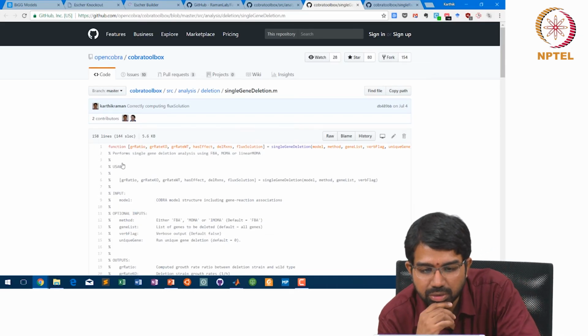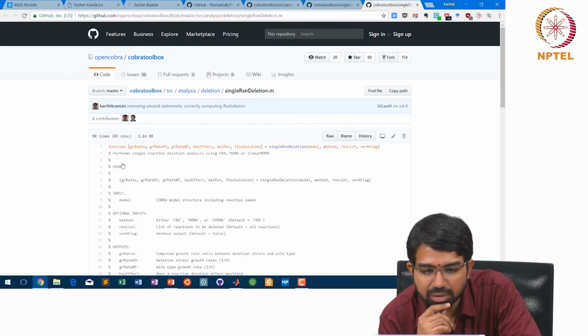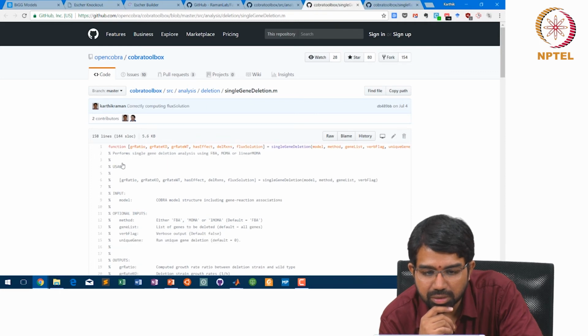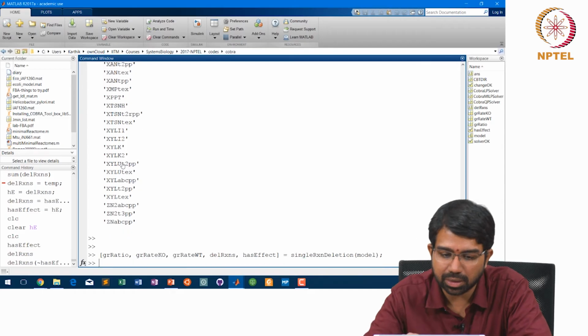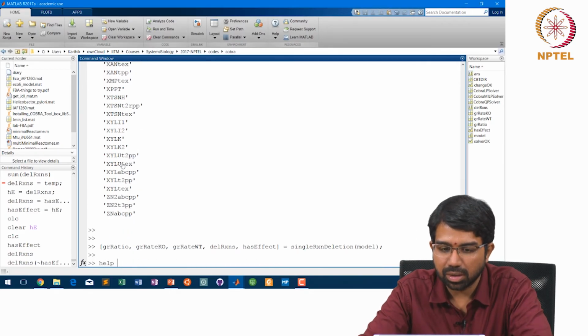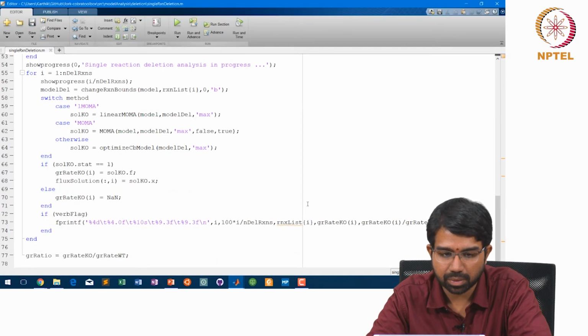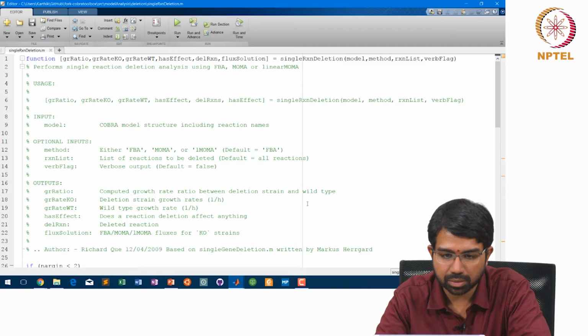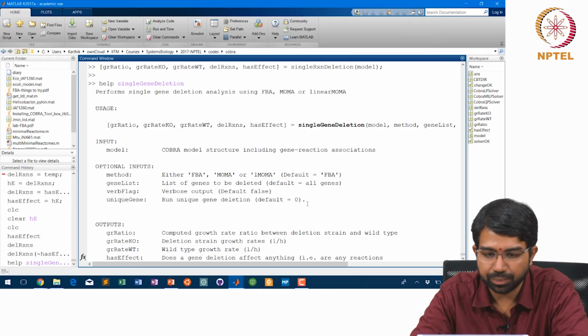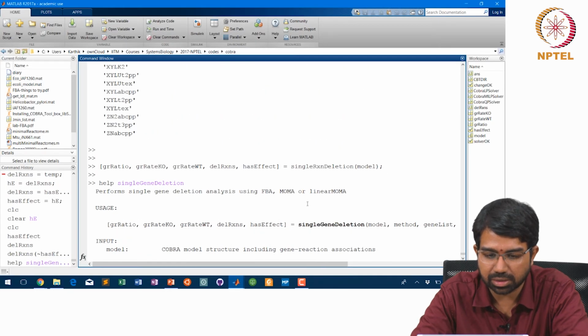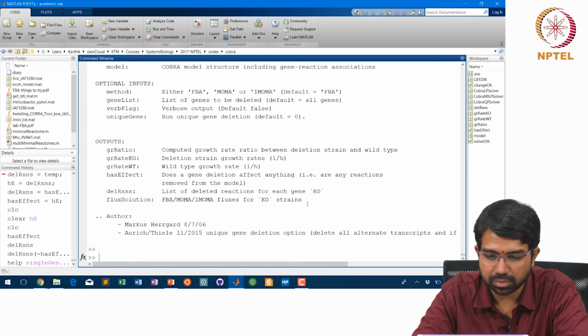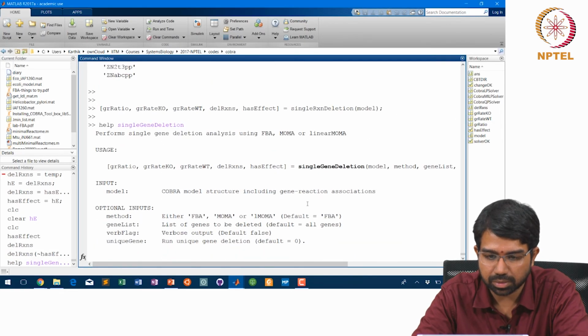This is growth ratio, growth rate KO, growth rate wild type, has effect del reactions. This is growth ratio, growth rate KO, growth rate wild type, has effect del reaction. It's similar, maybe. Maybe the version I had was slightly different. This is del reactions has effect. That's where the problem is.